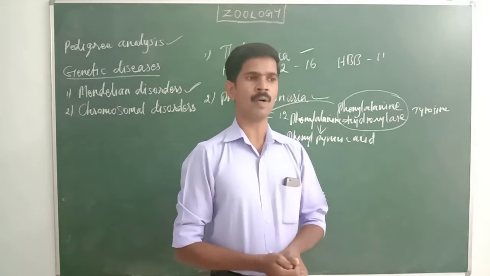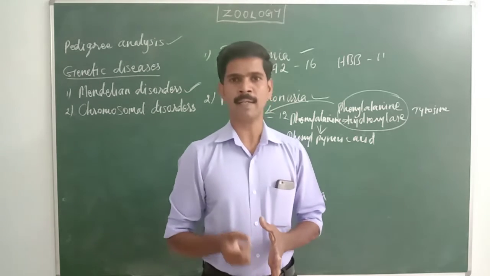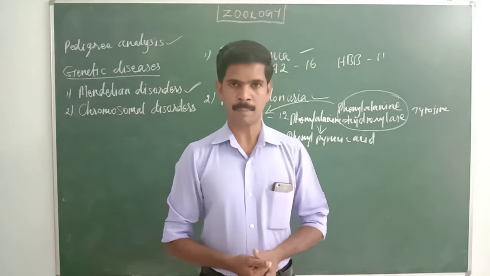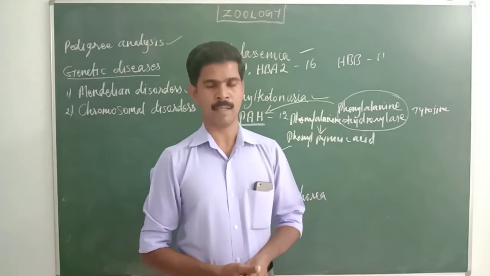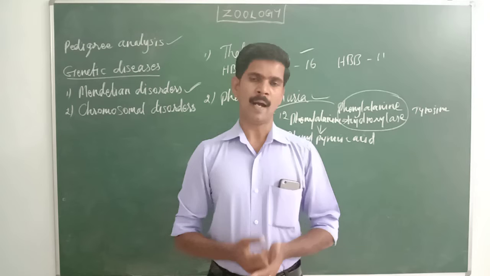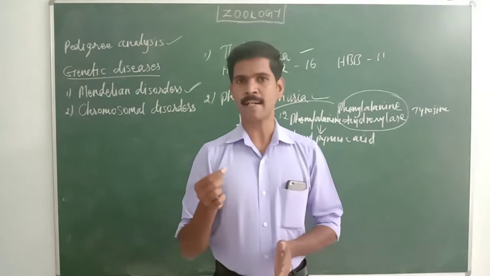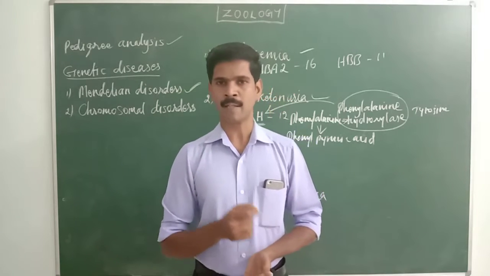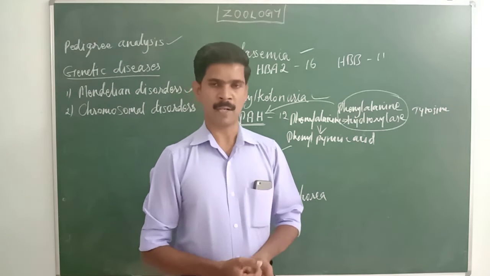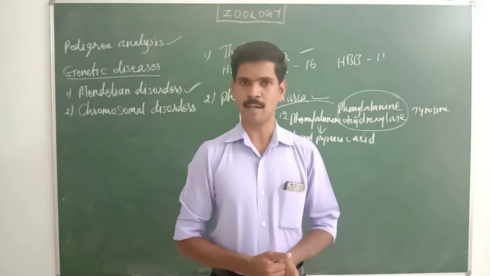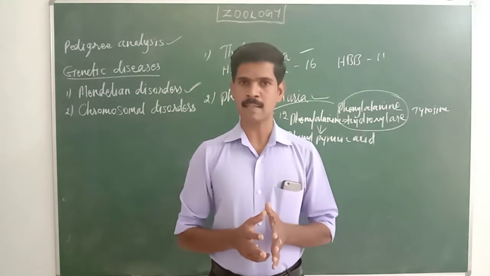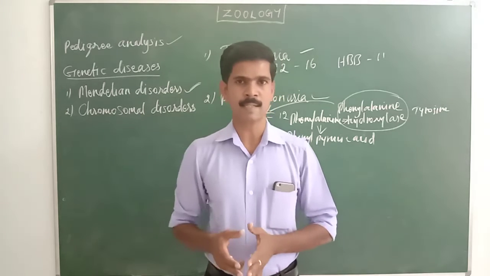Actually, you all know our body color is given by a pigment. The name of the pigment is melanin. This melanin is produced inside cells present in our skin. The name of the cells is melanocytes. Our skin consists of a large number of melanocyte cells.